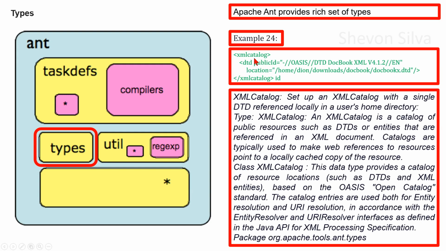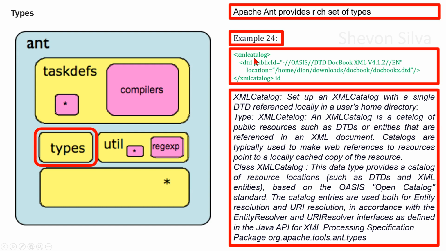Regarding API, we can consider XMLCatalog. This data type provides the catalog of resource locations such as DTDs and XML entities based on the OASIS Open Catalog standard.